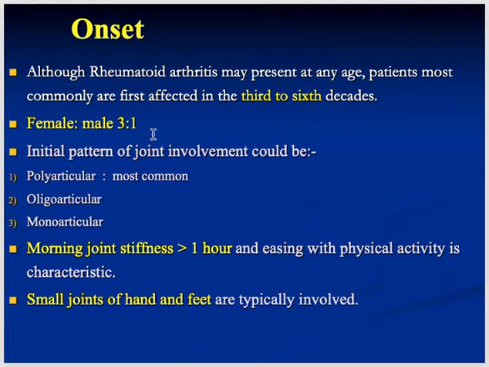So not all the patients have the same thing, but many of them do have disability, right? This one can present at any age, but mostly in the third to sixth decades, it affects mostly females, but it does affect males as well.